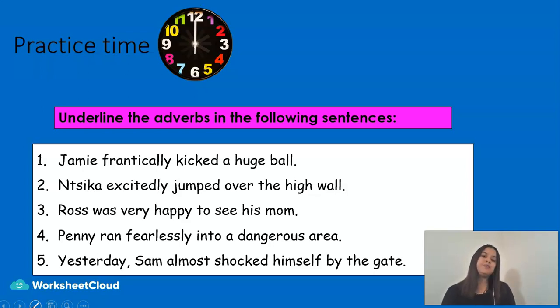So the first step that we looked at earlier was that we had to find the verb or adjective in the sentence. So let's find our verb in the first sentence. Jamie frantically kicked a huge ball.